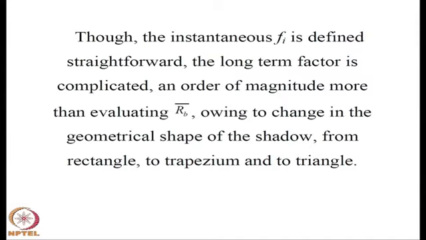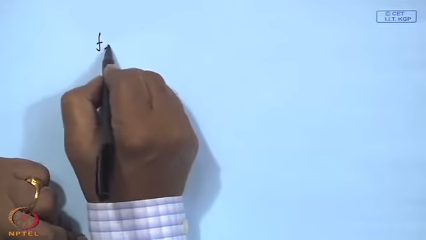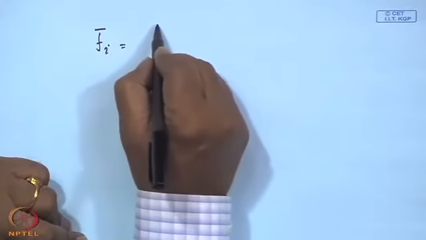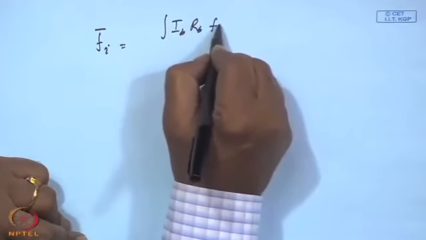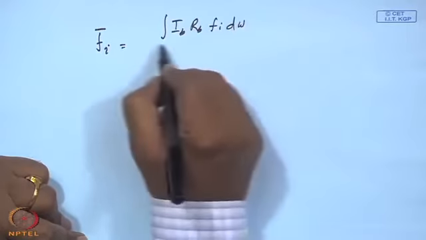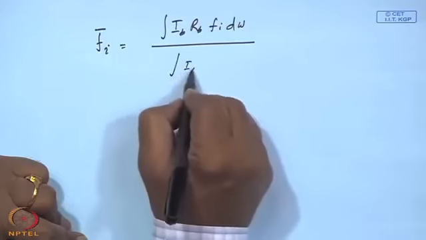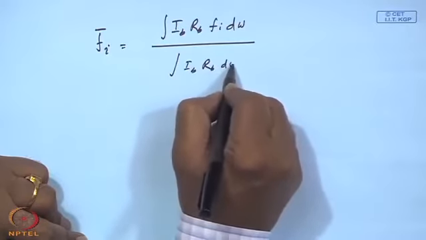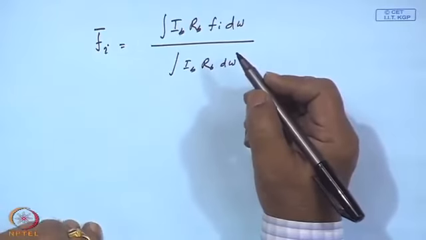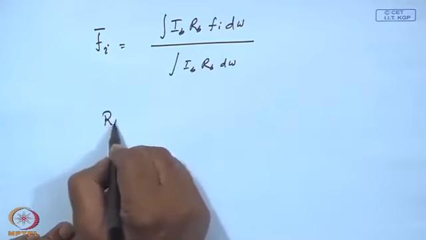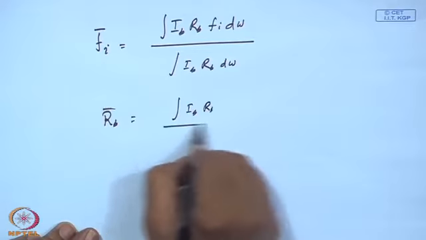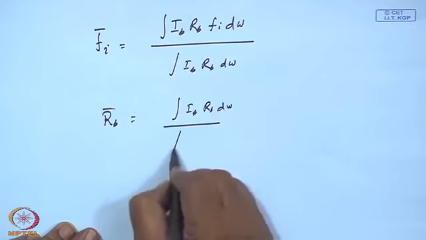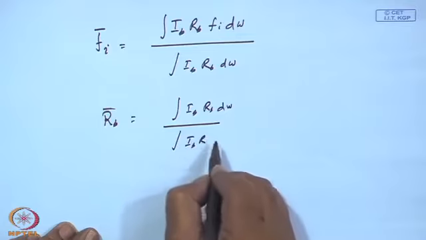So, if you want a long term, you can always have Fi bar, integral I b r b Fi d omega upon integral I b r b d omega, just like we have defined r b bar as integral I b r b d omega by integral I b d omega.